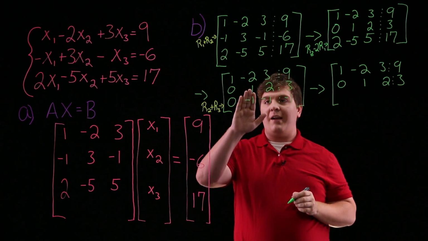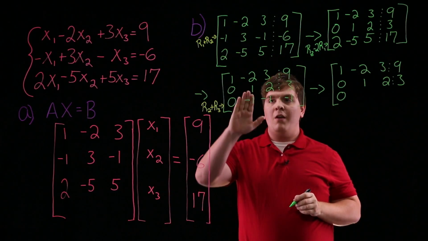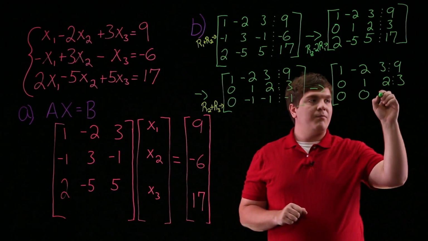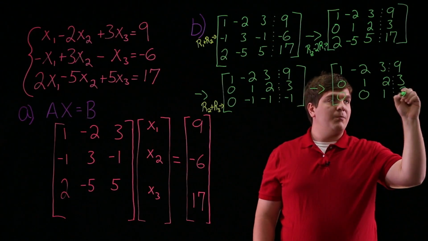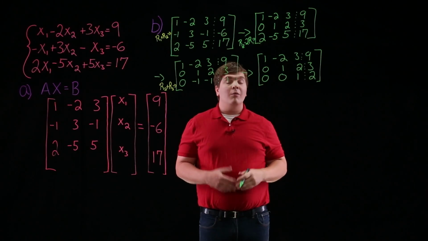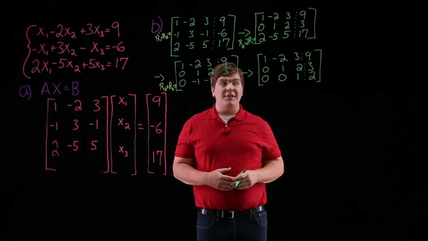And here, we're just adding the second and the third row. So we'll have 0 plus 0 is 0, 1 plus negative 1 is 0, 2 plus negative 1 is 1, and 3 plus negative 1 is 2. Now at this stage, we're in echelon form, but we want to take this to reduced row echelon form since we're trying to do Gauss-Jordan elimination.